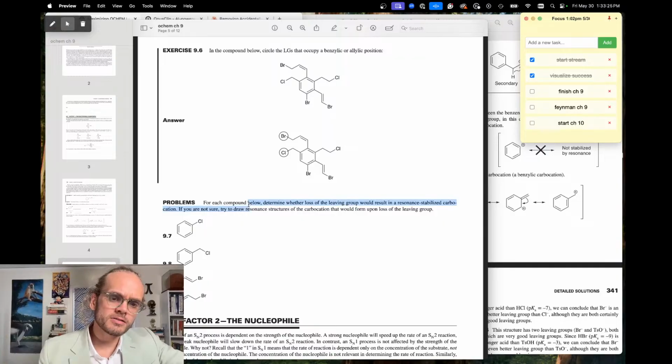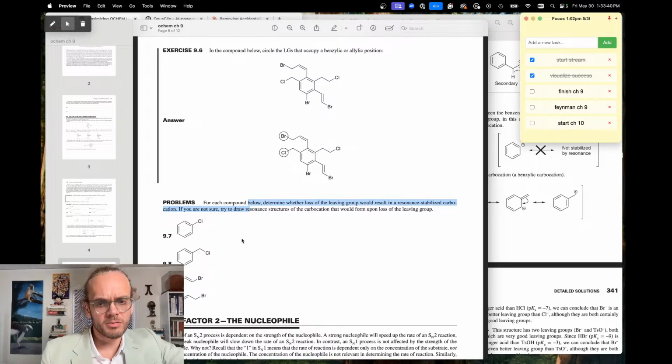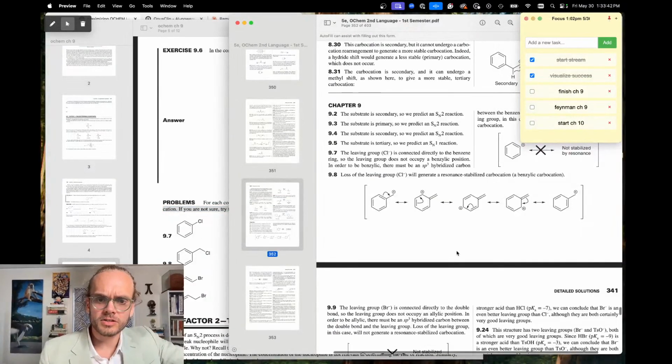Determine whether loss of the leaving group would result in a resonance-stabilized carbocation. So if I lose this leaving group, I just have this benzene ring. I think that this is resonance-stabilized because these double bonds can move around. Let me double check what the answer is. The leaving group does not occupy a benzylic position.